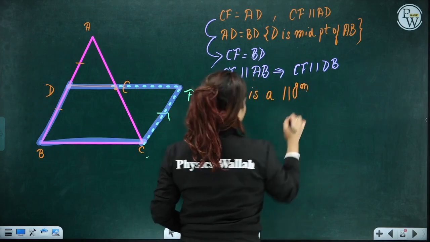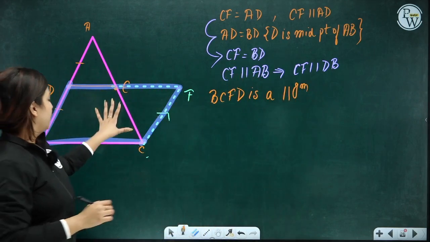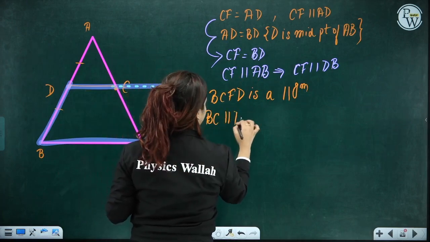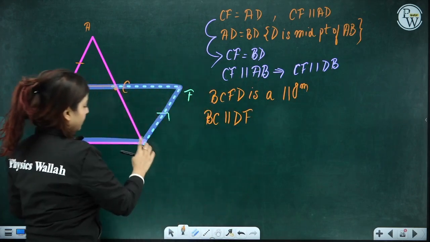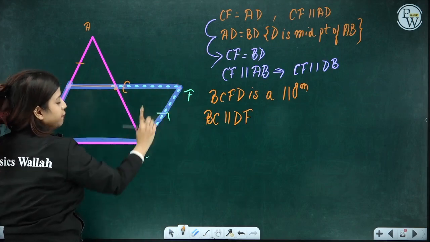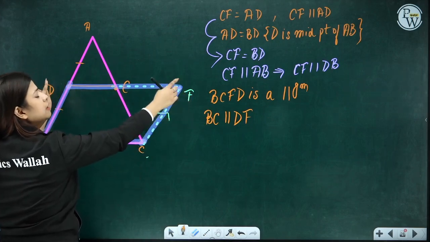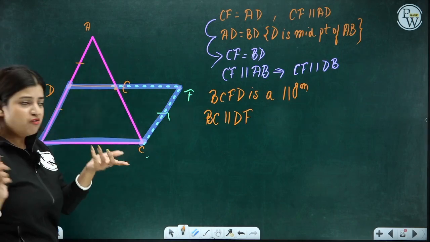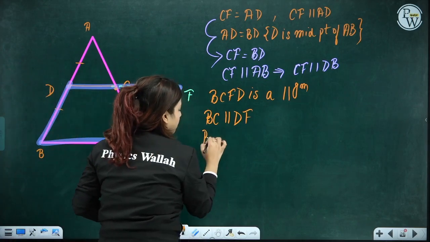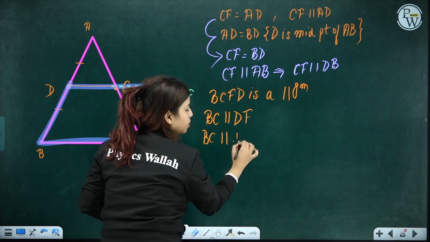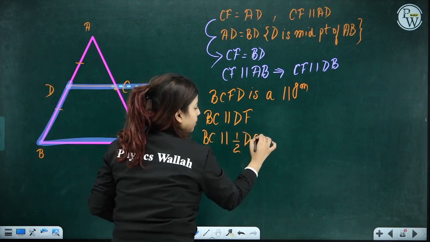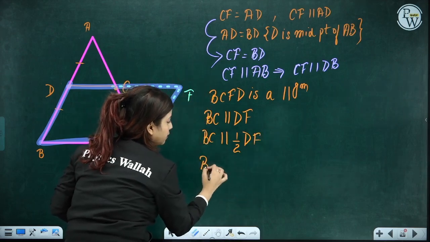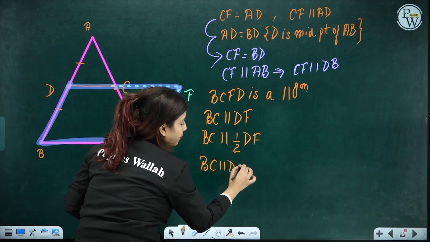As simple as that. And if BCFD is a parallelogram, BC is parallel to DF. So BC will also be parallel to half of DF. And what is half of DF, students? Half of DF is your DE.